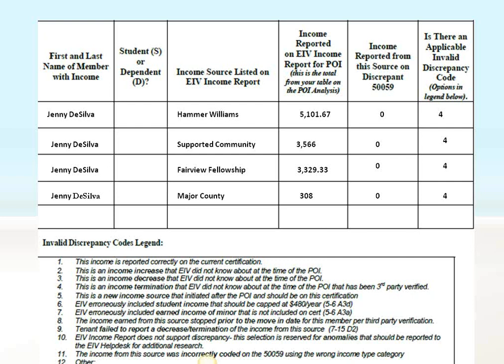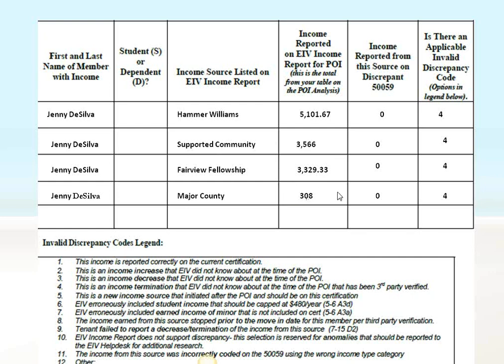Jenny, if it's under the 2,400, there's no need to fool with this, though, right? If it's under 2,400 for the total variance, you wouldn't have gotten a discrepancy report anyway. If an individual income source is under 2,400, it may make it invalid.